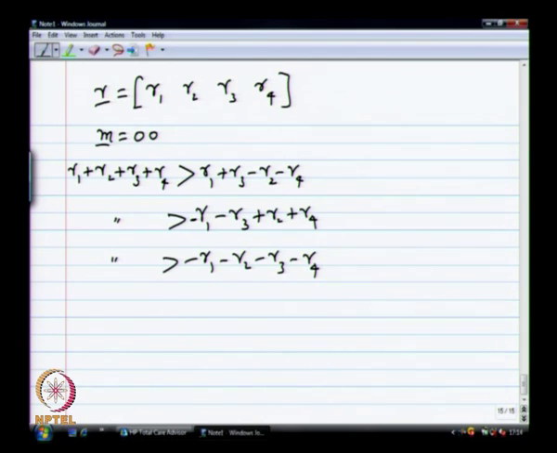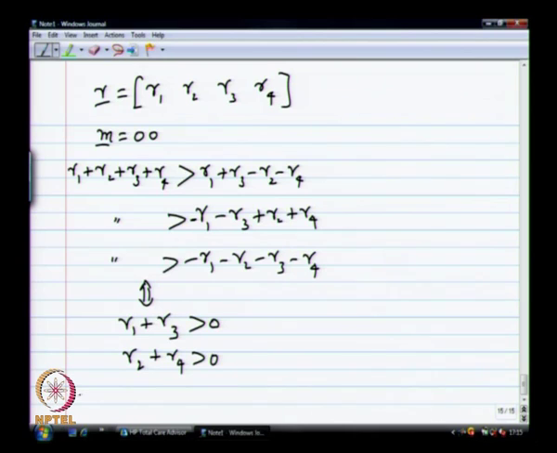So, the condition you are getting here basically is this will become equivalent to R1 plus R3 being greater than 0, R2 plus R4 being greater than 0. The last one you do not have to check, because once these two are greater than 0, then the last one will also be greater than 0.